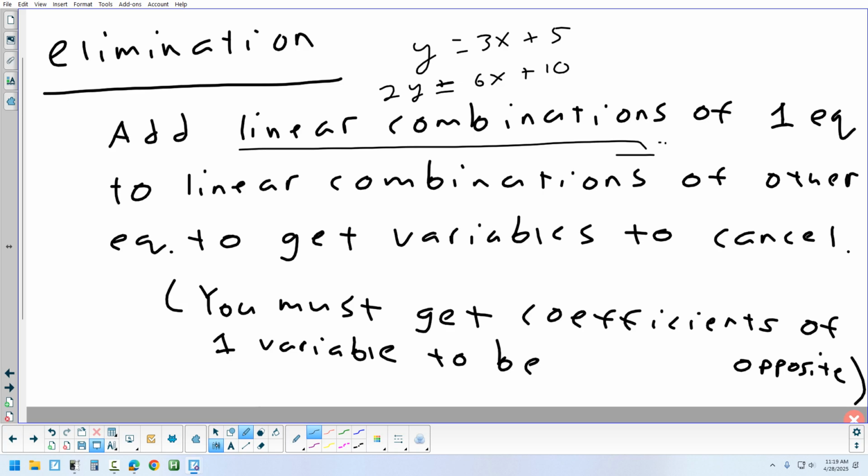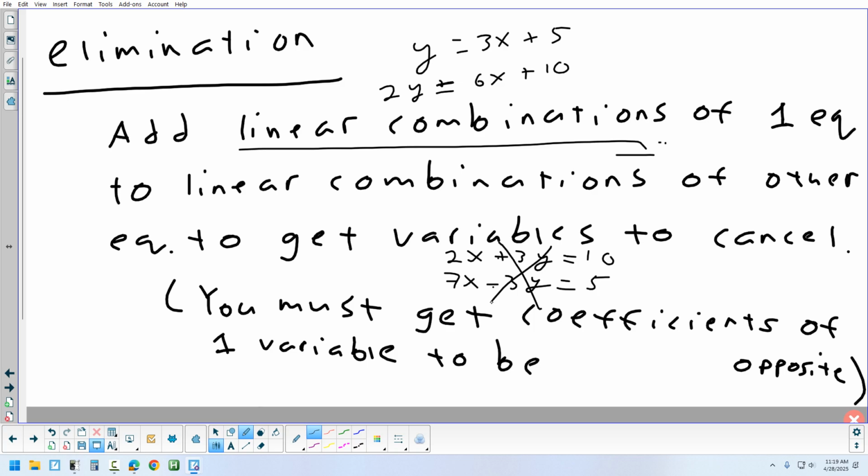So an example of something that we would be trying to do: 2x plus 3y equals 10, 7x minus 3y equals 5. Positive 3y, negative 3y. When you add them up, they cancel out.